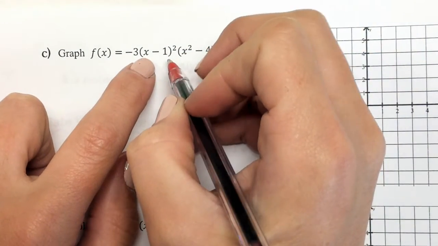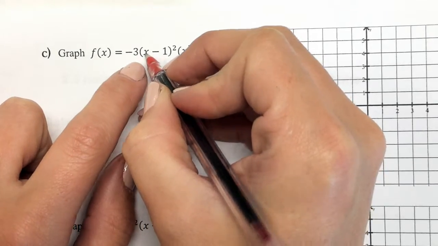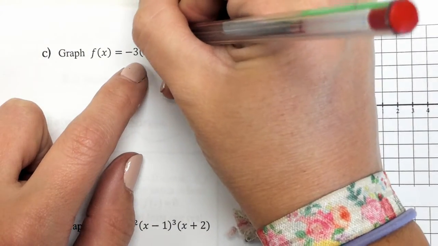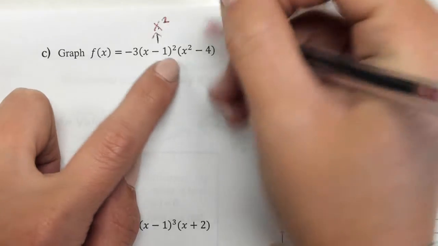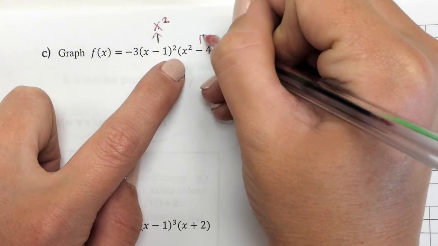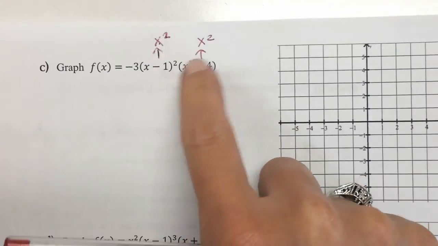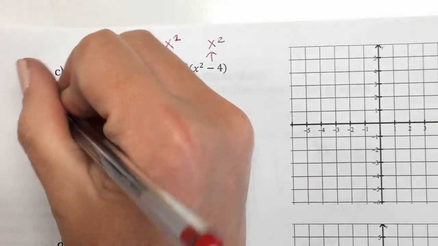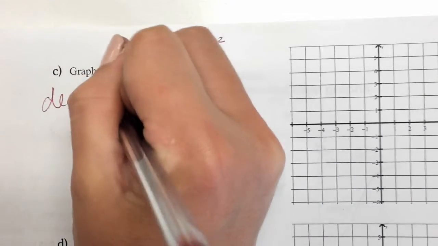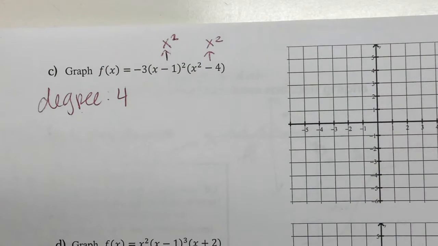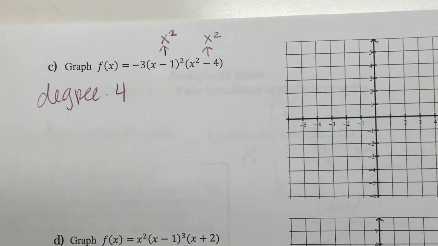This one does. When we fold it out, this is going to become x what? Yes. This one's already what? And again, it's all being multiplied together. If we multiply these together, what would the exponent be? That's the degree. Okay? So you just add the exponents.